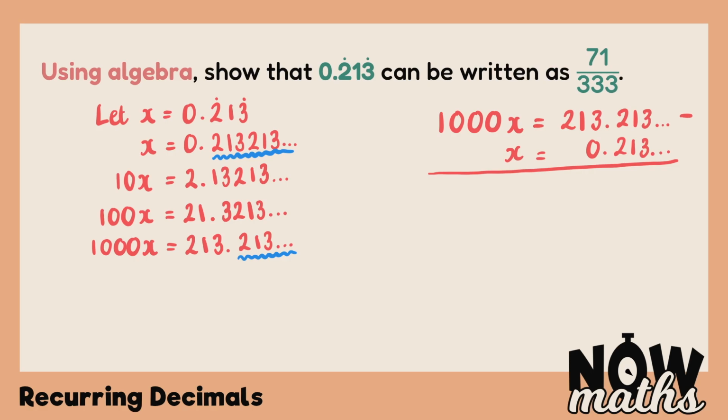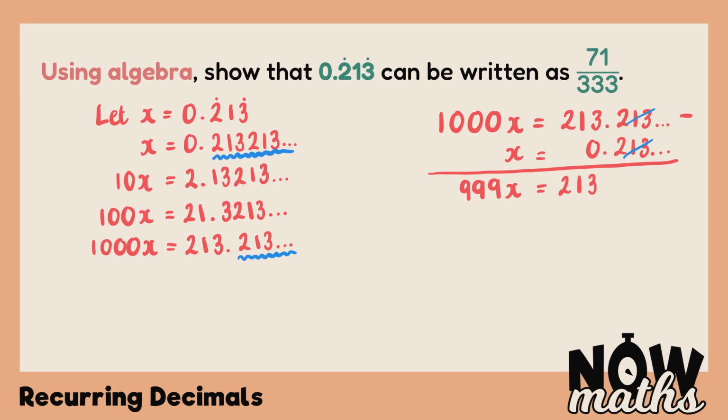So I've set up our subtraction, so we're going to start off by doing 1000x subtract x, which is 999x. And then subtracting the decimals, we can see that the recurring part will cancel, and 213 subtract 0 is 213.